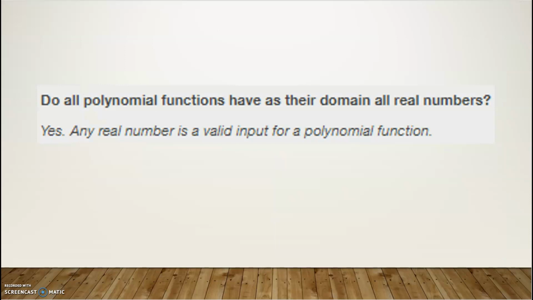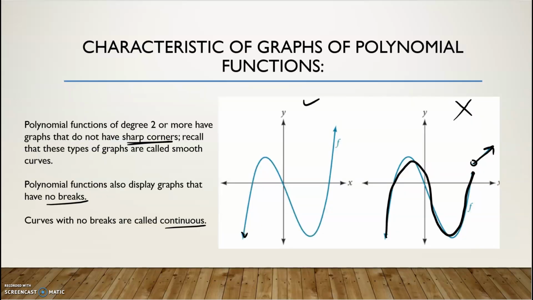Now, do all polynomial functions have as their domain all real numbers? Yeah. So that means the domain of any polynomial goes from negative infinity to positive infinity. If we look at this one right here, this polynomial keeps going down in this direction, keeps going up in this direction.